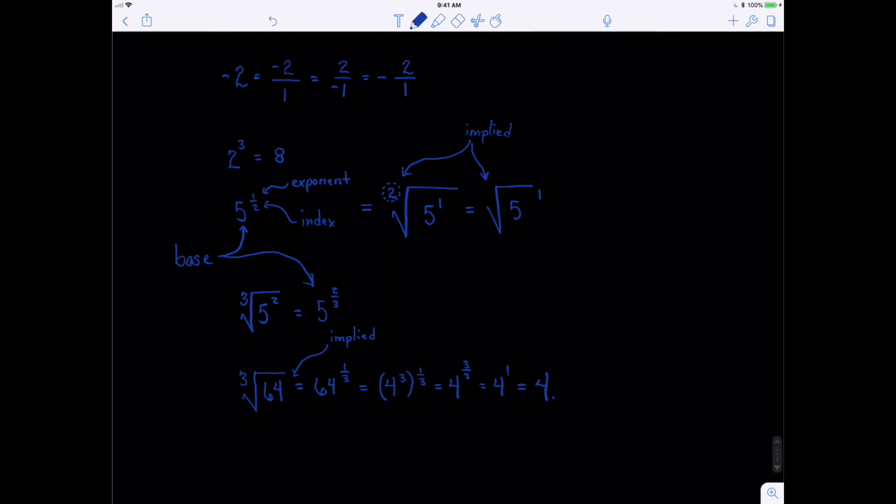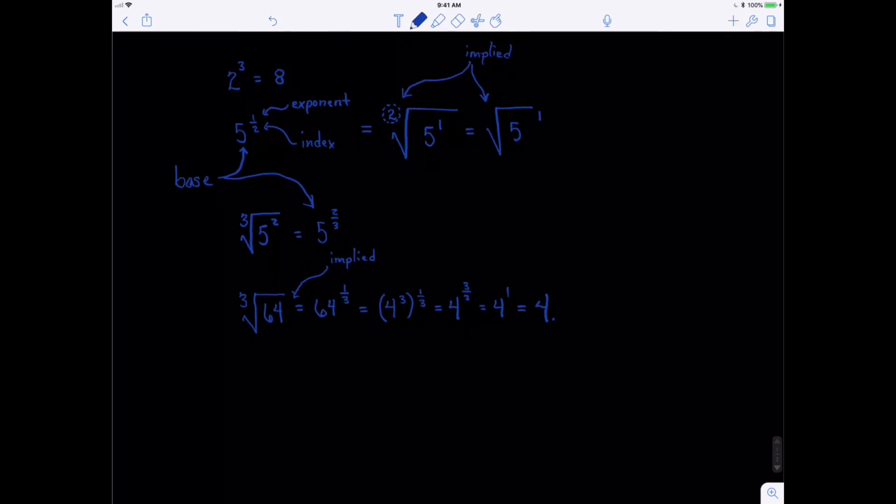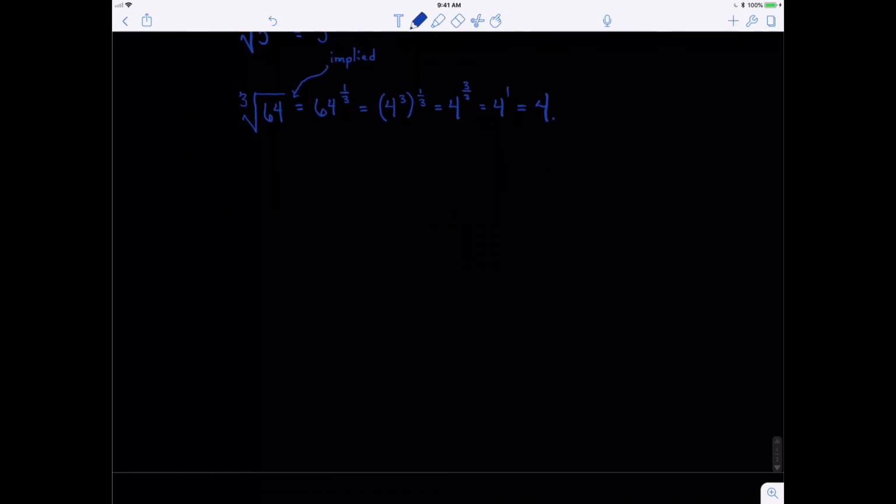Let's try one more example, and before we do this, I want to do a little reminder. And this is called scientific notation, but the idea is that it's used for large or small numbers, but let's just look at how it works. Notice if I have 2 times 10 squared, that's the same as 2 times 100, which is 200.